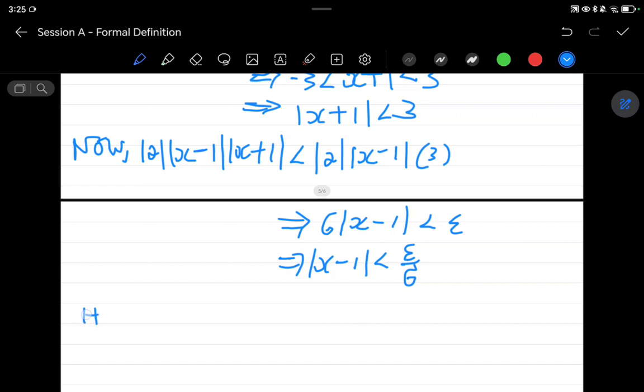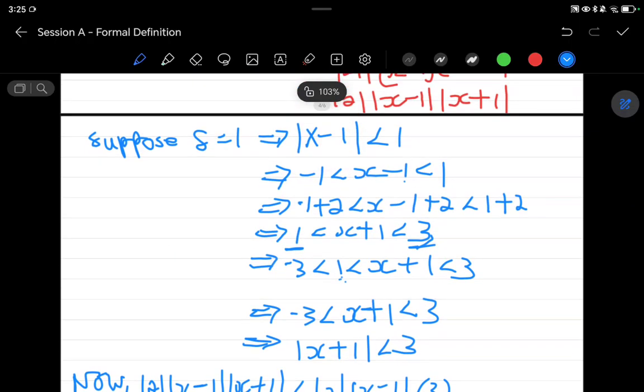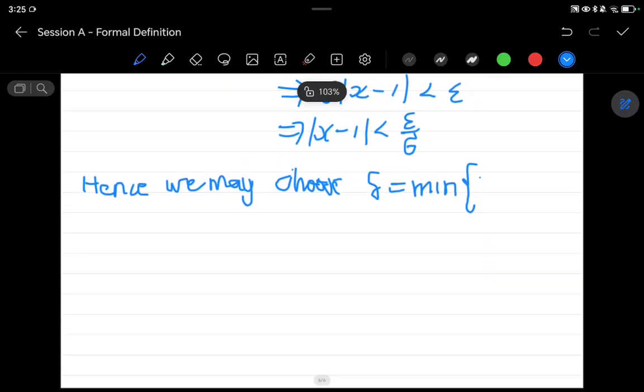Hence, we may choose delta to be equal to min. Don't forget, we first supposed that delta is equal to 1, right? Then I'll write min of 1 and epsilon over 6.